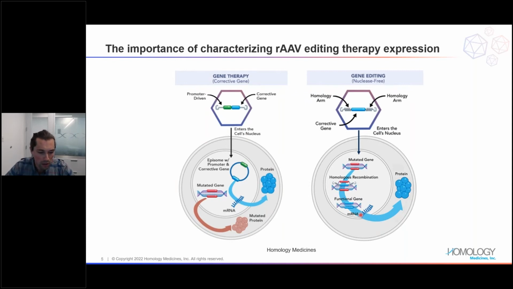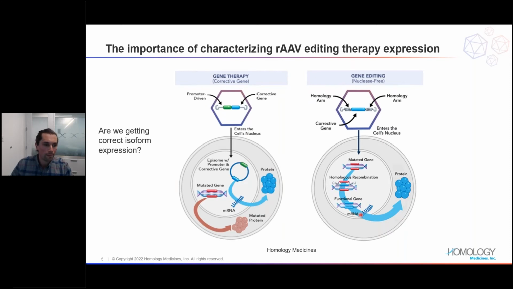The one question that's really important to us is, are we getting correct mRNA isoform expression upon delivering these therapies? Because you can potentially get a lot of differences here. Certain genes have many different isoforms, and we want to make sure that what we're delivering to a patient is what we intend.